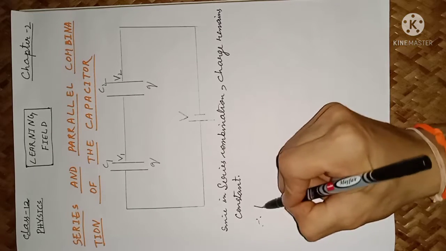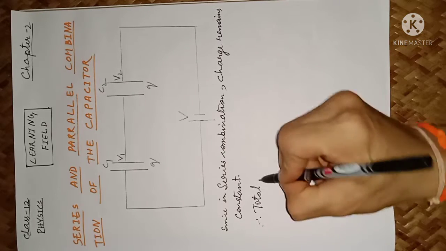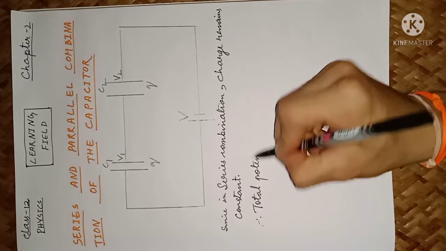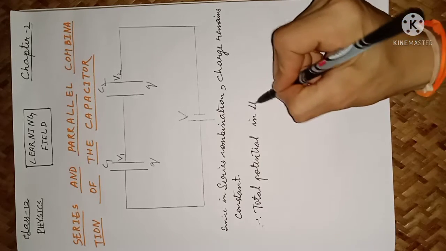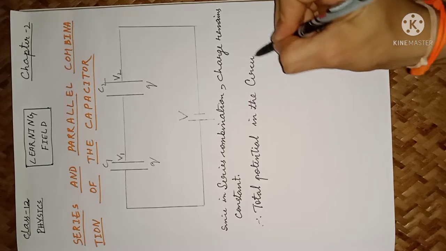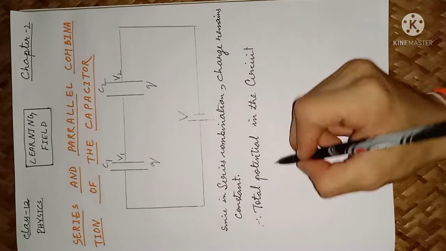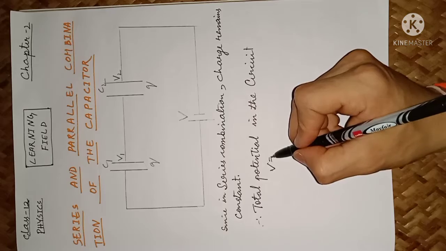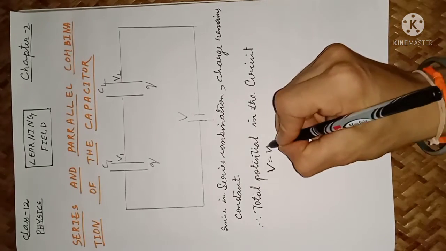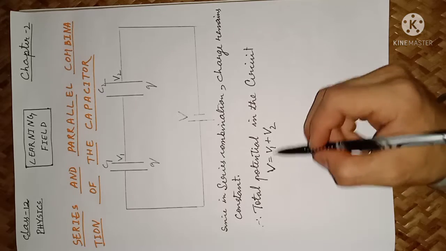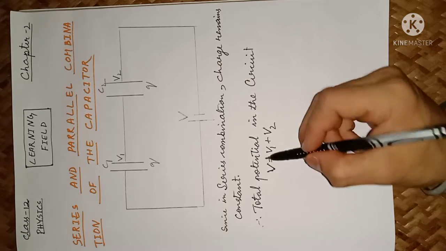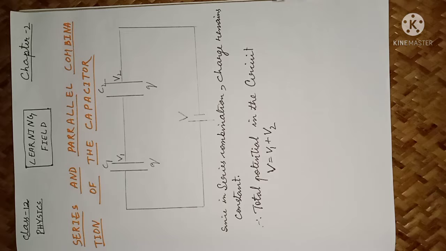Therefore, total potential in the circuit will be V equals V1 plus V2.